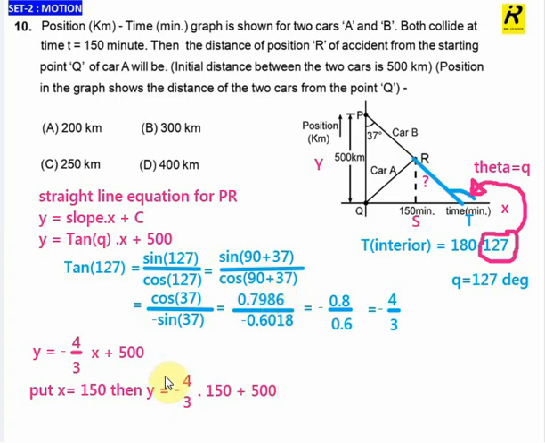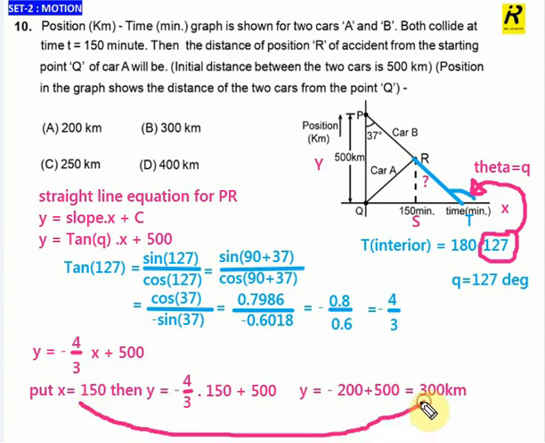So y equals minus 4 into 50, which is 200, plus 500, which equals plus 300 kilometers. So the value of y we found: if x equals 150 minutes, y is 300.